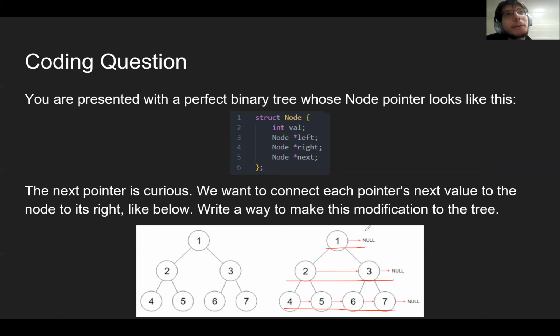So maybe you see what this might be related to, which is that we're going level by level, and connecting the next thing within that level and the previous thing in that level.